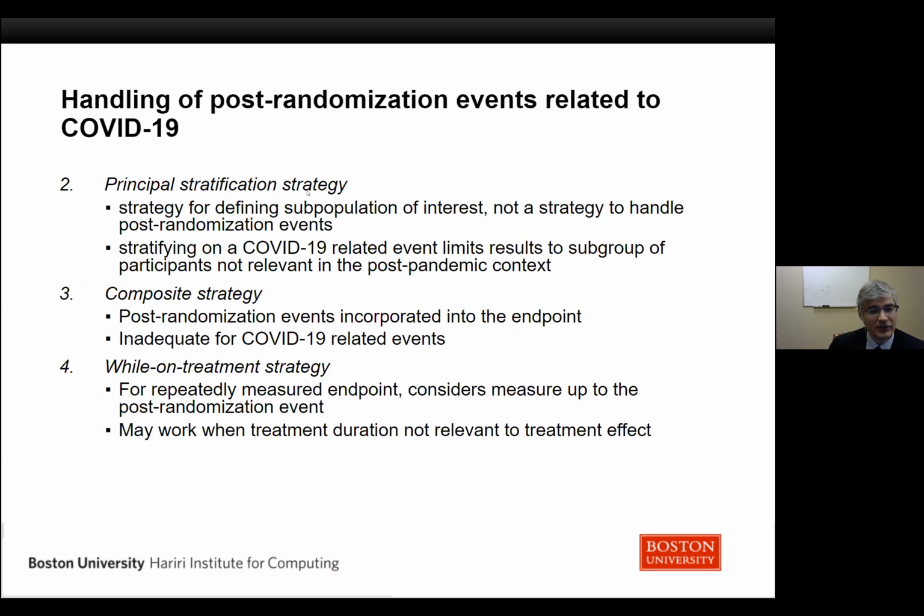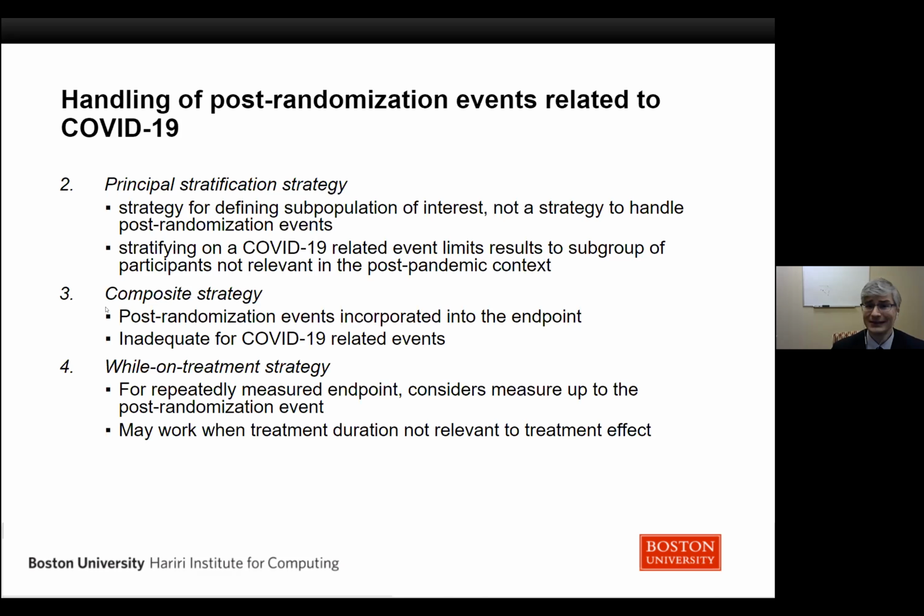I listed together these 3 strategies because they are not generally recommended. The first one is the principal stratification strategy. The idea is to identify subpopulations, and so it doesn't really handle or address post-randomization events related to COVID-19.